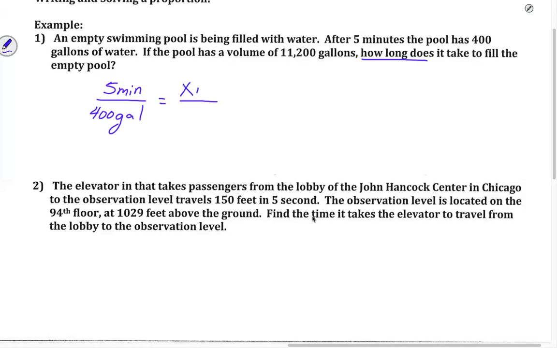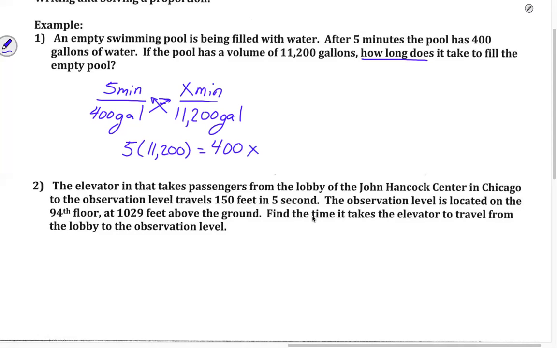So x minutes over 11,200 gallons. We'll definitely need to use a calculator. But don't tell me the answer. Let me see if I can do it. So I'm going to do 5 times 11,200 equals 400x.